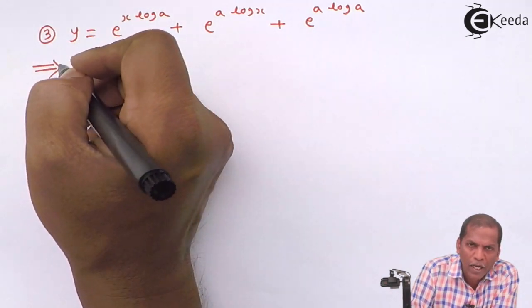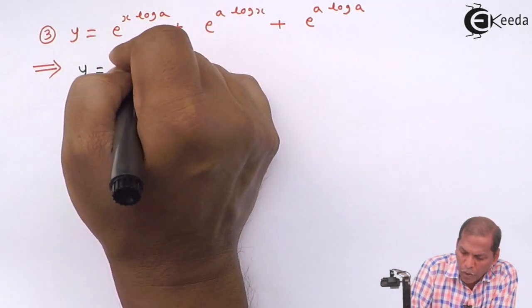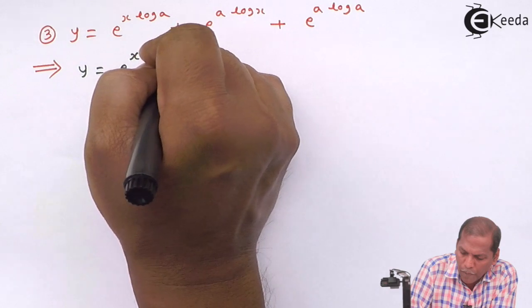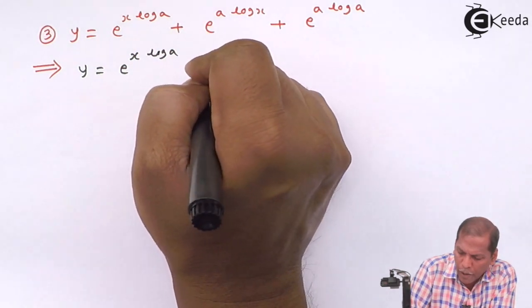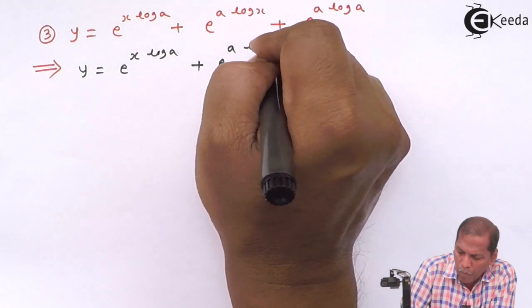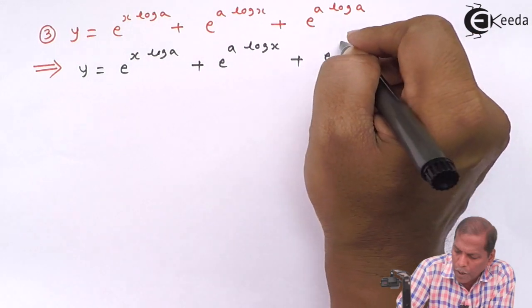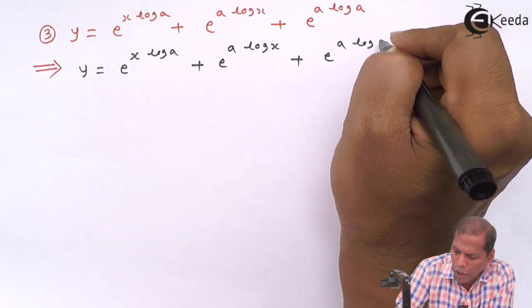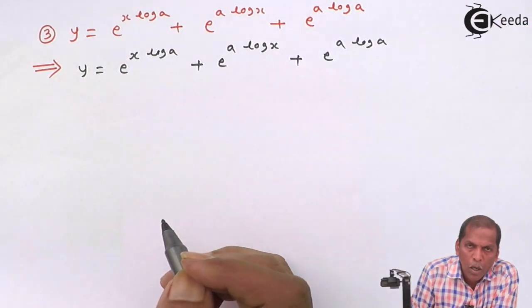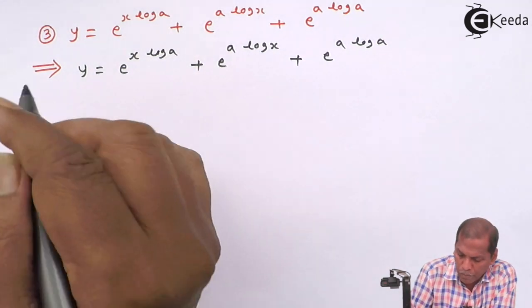The solution is quite simple. First of all, we start with the function that y is equal to e raise x into log a plus e raise a into log x plus e raise a into log a. Now here we use exponent law of logarithm.